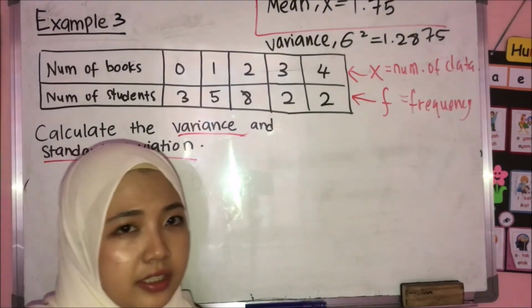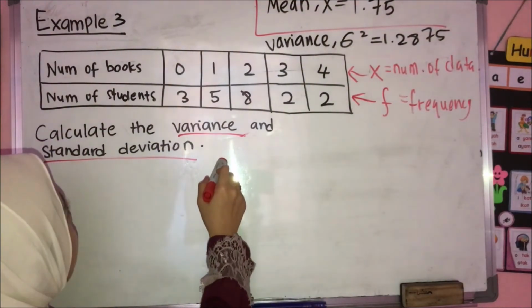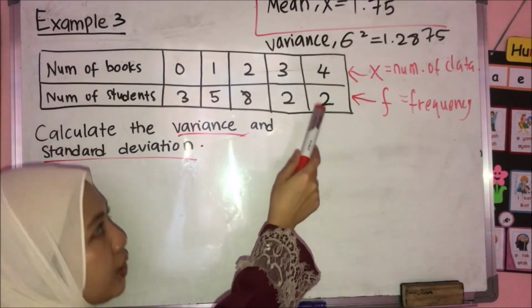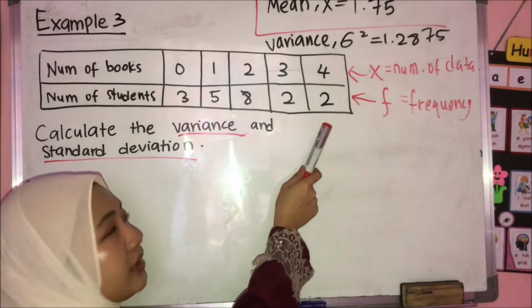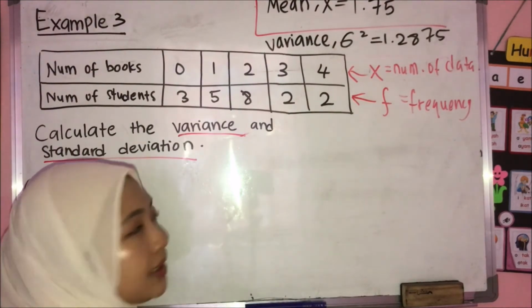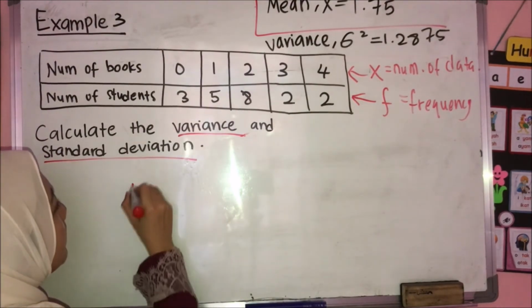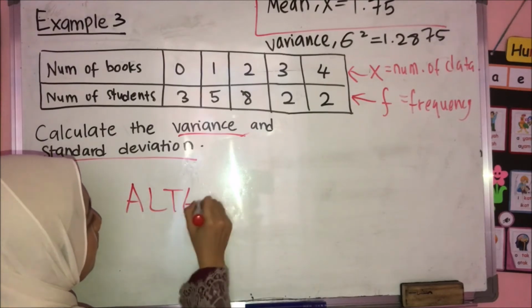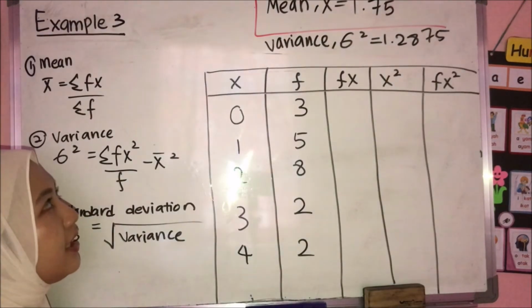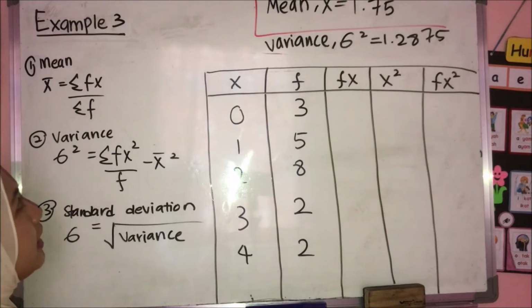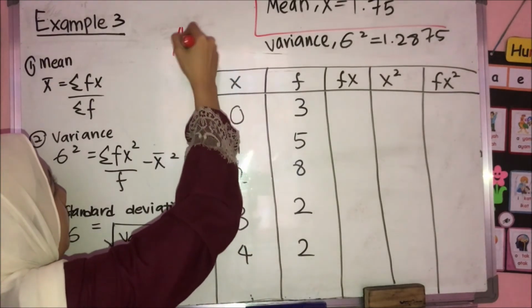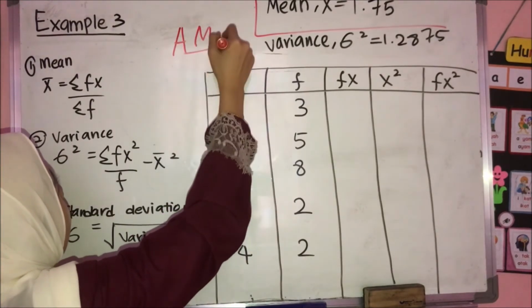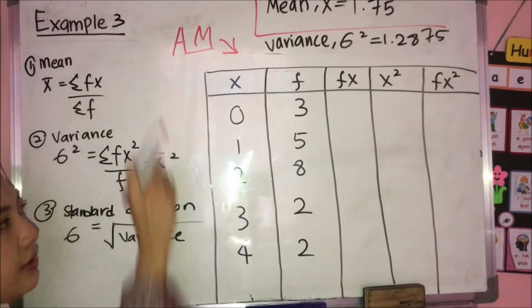Okay, for example 3, the question is for an ungrouped frequency table, right? So we can use two methods. We have another alternative method. As you can see here, this is the alternative method for example 3.